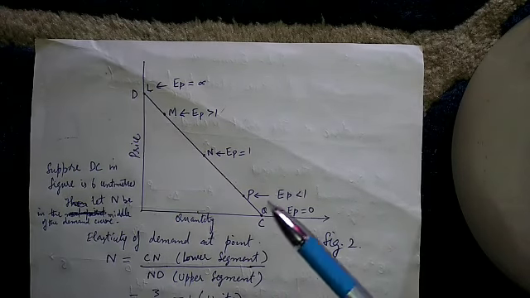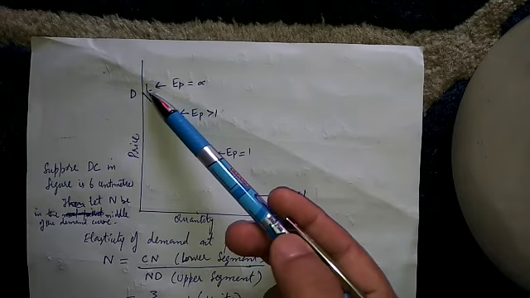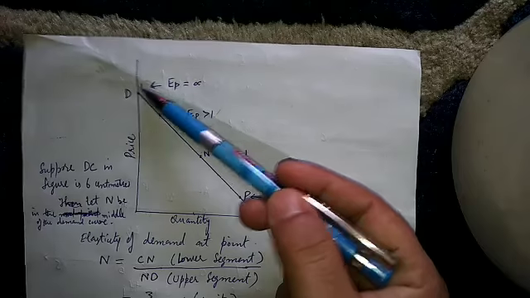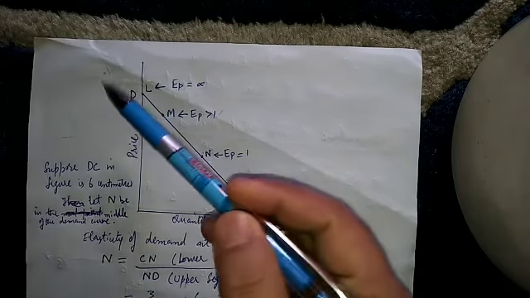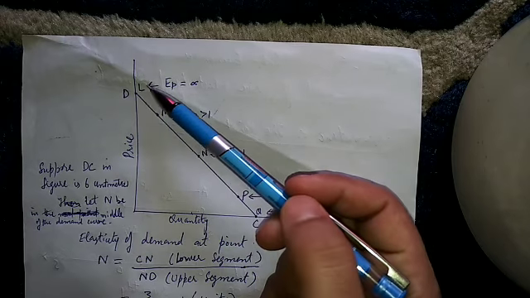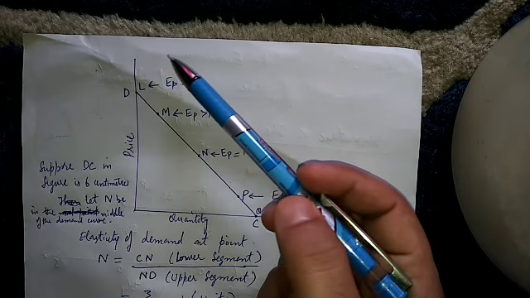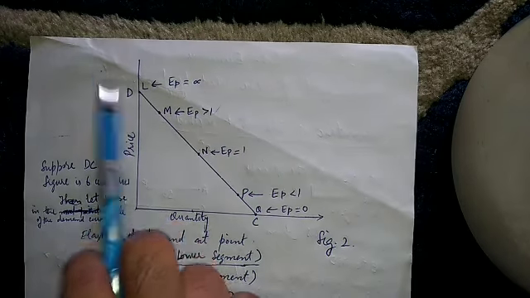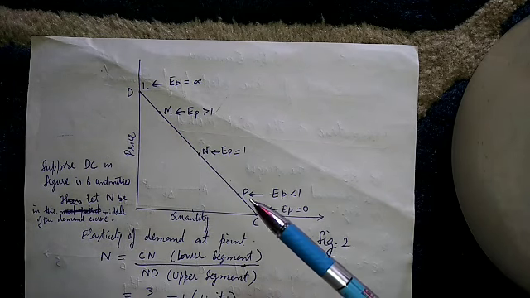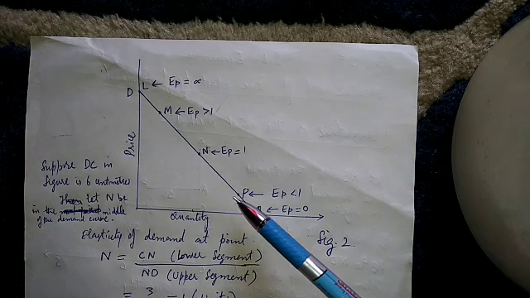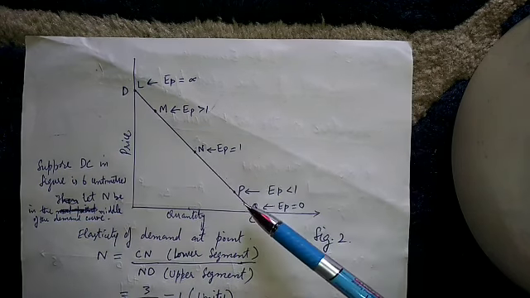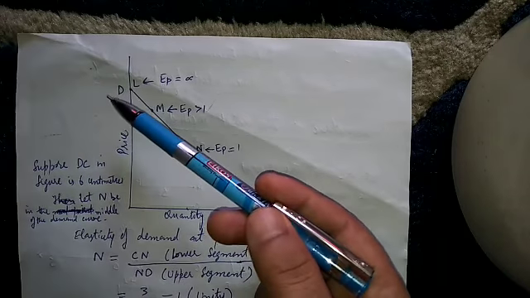Now, elastic demand at point L is equal to CL divided by LD, that is 6 divided by 0, which is equal to infinity. So the elastic demand at point L is infinity. Elastic demand at point P, CP divided by PD, is equal to 1 by 5.